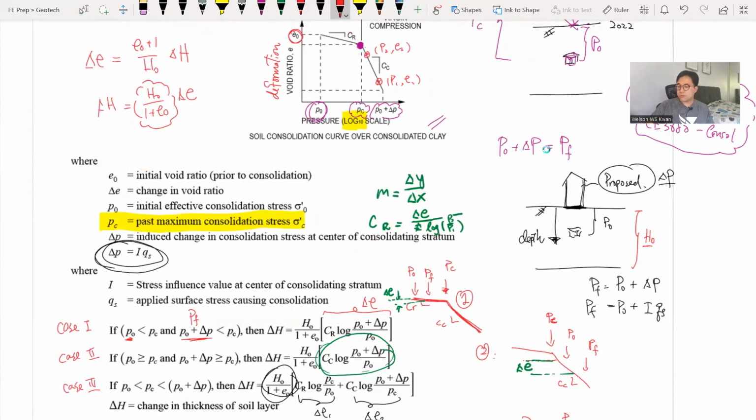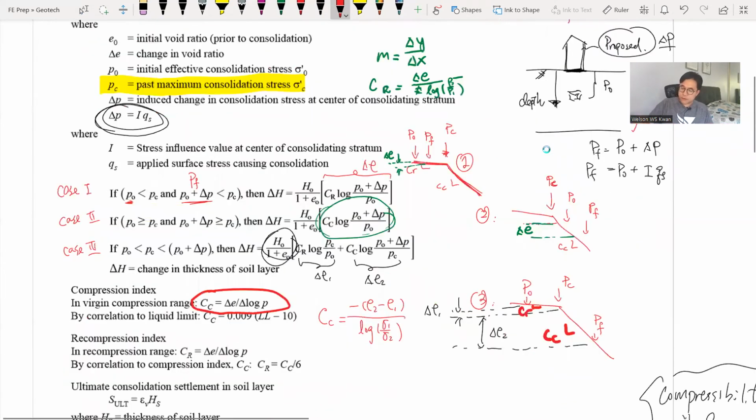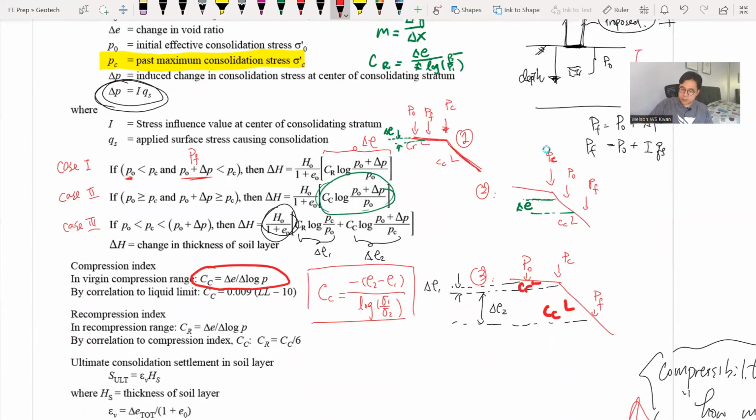As long as you pick any 2 points along the curve, you will use this formula to calculate either C sub C or C sub R. Again, the FE manual just gives you the basics of the basics, but in reality, when you do your calculations, you need to consider that this is a negative slope, so we will multiply by -1 there. And we will do some more examples in my next tutorial videos.